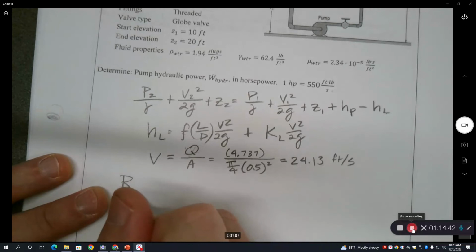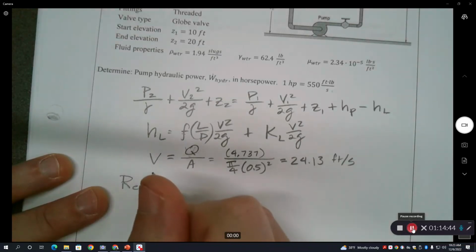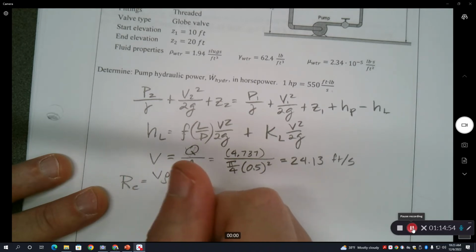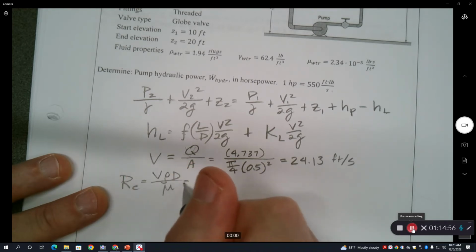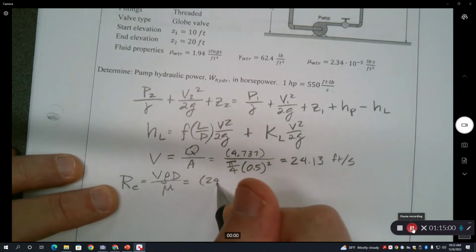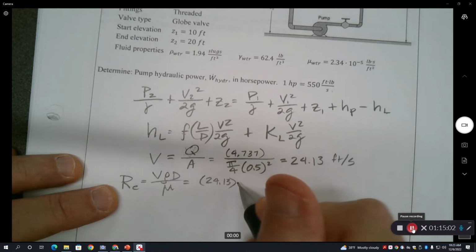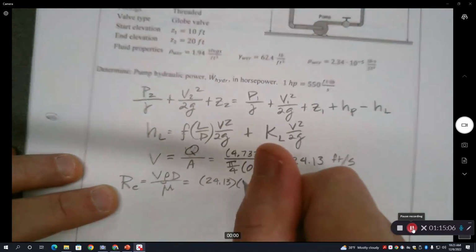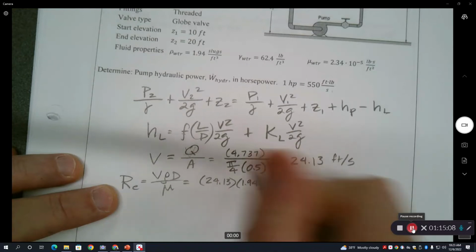So the Reynolds number is going to be V, did they already do this for us? Yeah, they did, okay. I did these in a weird order right there. 24.13. The density is 1.94, given to us there.